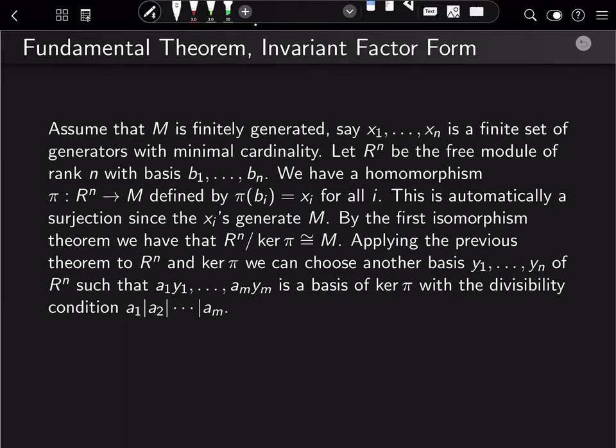So there exists a basis y1 through yn of R^n, such that a1 y1 through am ym is a basis of the kernel of pi with the divisibility conditions: a1 divides a2, divides all the way through to dividing am. As I said, this comes from our previous theorem on the submodules of free modules.